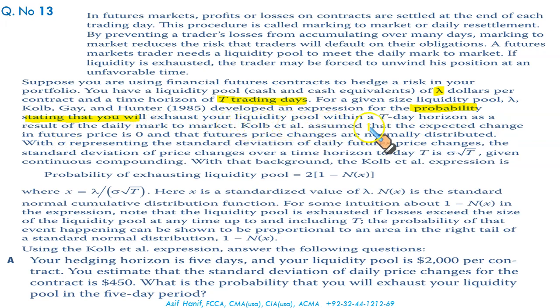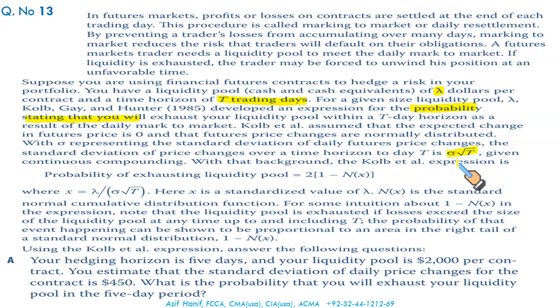Kolb et al. assumed that the expected change in futures price is 0 and that the futures price changes are normally distributed, with sigma representing the standard deviation of daily futures price changes. The standard deviation of price changes over a time horizon of T days is given by sigma times the square root of T.